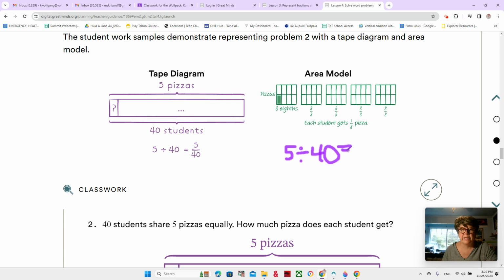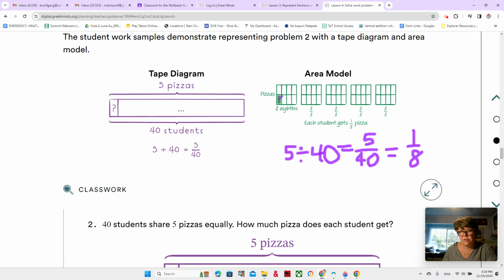But what I'm getting at is that 5/40ths, right? 5/40ths is the same as 1/8. Now that might be a little interesting to think about. But think about 1 times 5 is 5, and 8 times 5 is 40.